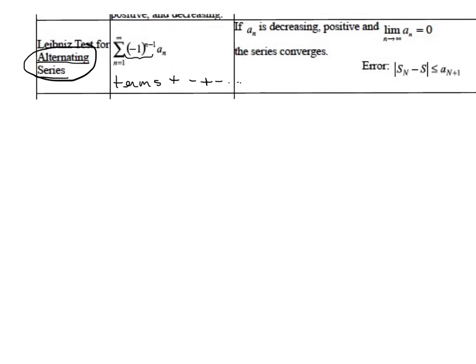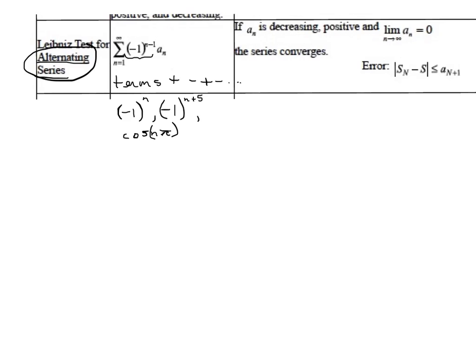So other things that alternate: it doesn't have to be -1 to the n, it could be -1 to the n plus anything else, 5. I don't know why I just picked a random number there. And the other thing that's a little bit tricky that does alternate is cosine of n pi.